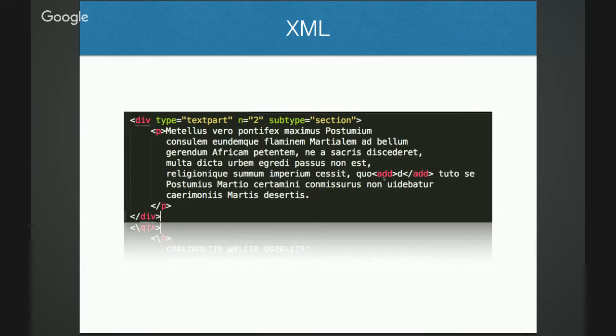So probably it was not part of the text, but it was added. So here we find a very clear example of how we can distinguish in XML between the data and the metadata.